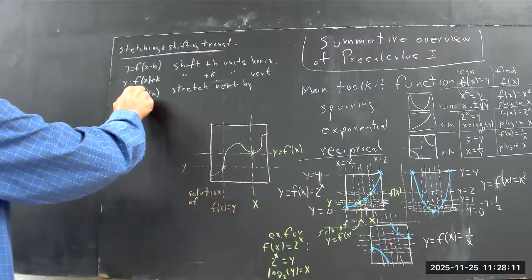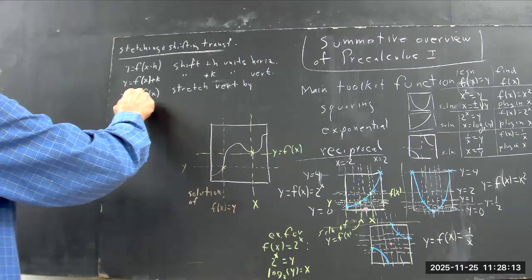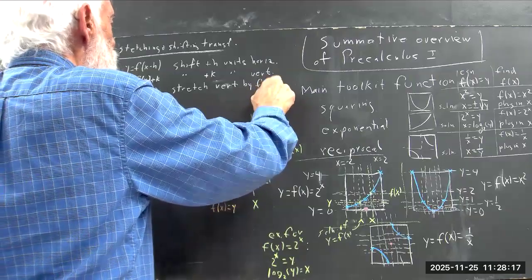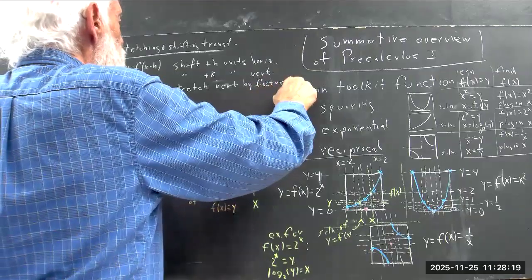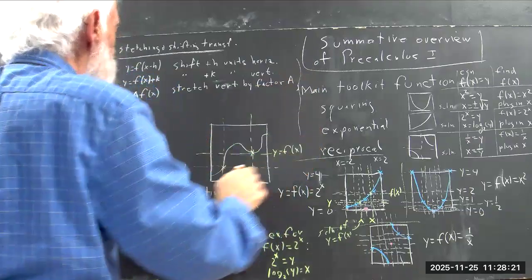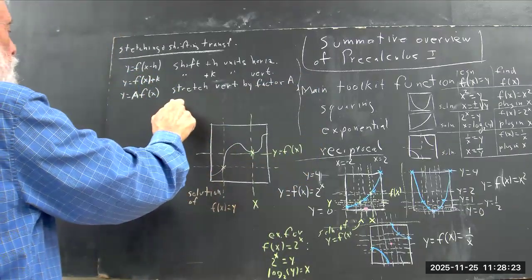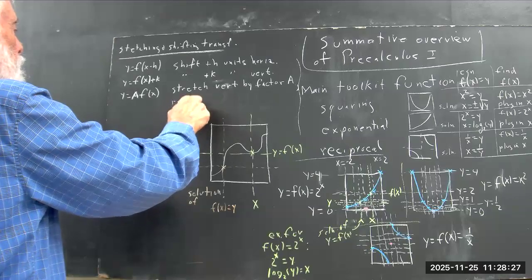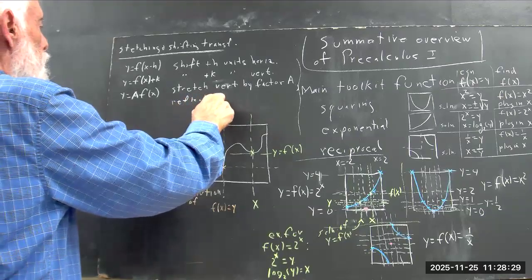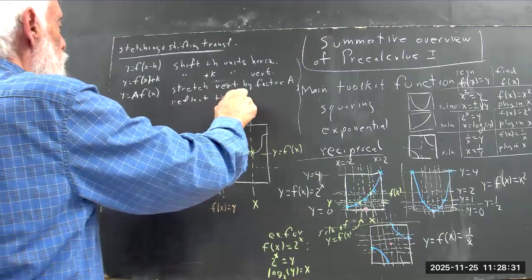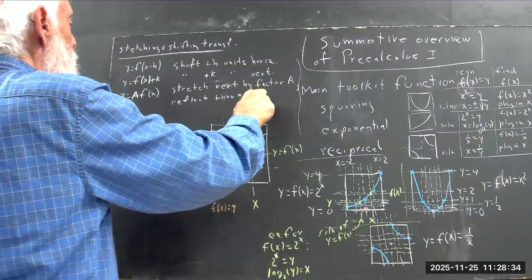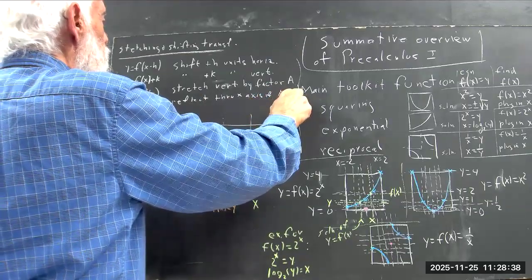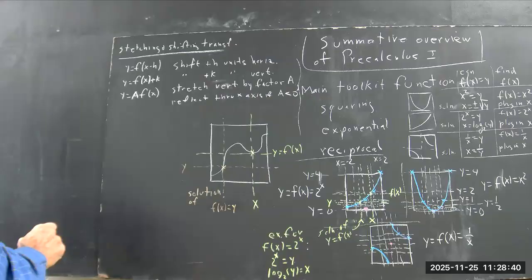Y equals a f of x. We stretch the graph vertically by factor a. Reflect this if a is negative.